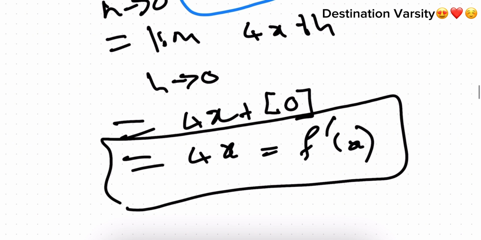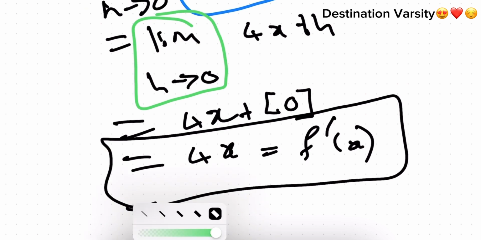It doesn't matter how you arrange your work, but I was just taking you through the steps. What you need to know from first principles is that you don't just plug in your value of h equals 0. You need to simplify it and ensure that there is no h in the denominator.